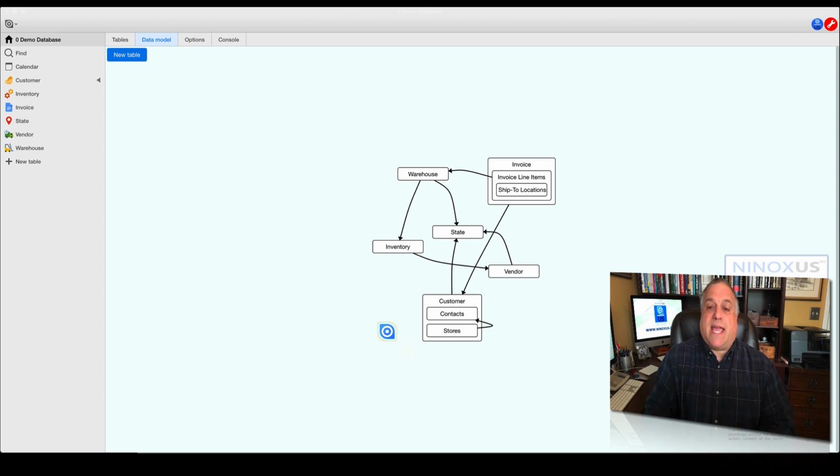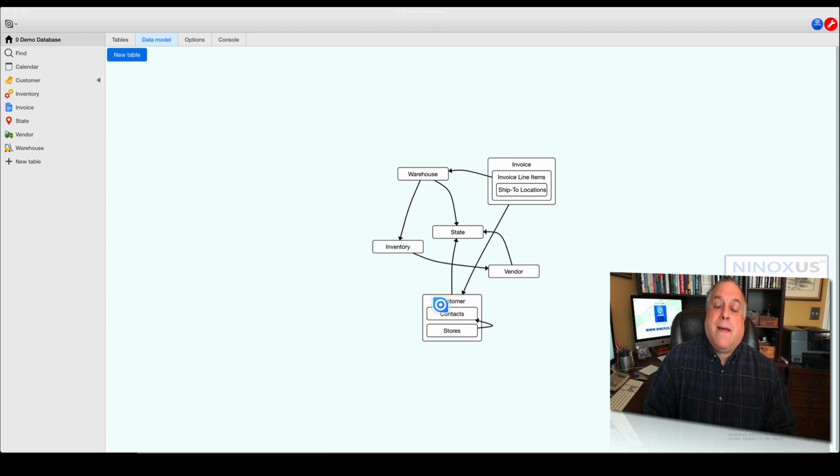So, to review again, we have parent or master tables. These are the tables that track specific pieces of information or fields of information about entities or objects, warehouses, pieces of inventory, vendors that sell us our goods, customers that buy our goods.